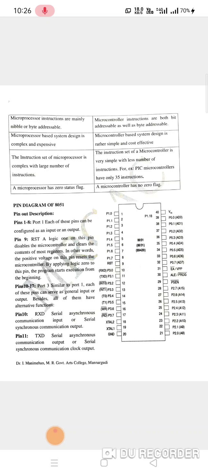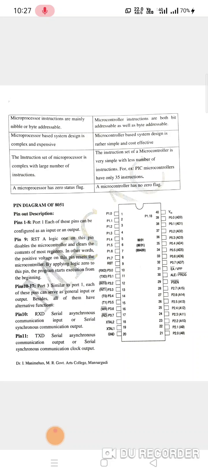We also studied program memory and data memory in the case of microcontroller and microprocessor. What about program memory and data memory organization? And right now we will study the pin diagram of 8051. Okay, so see the pin diagram.